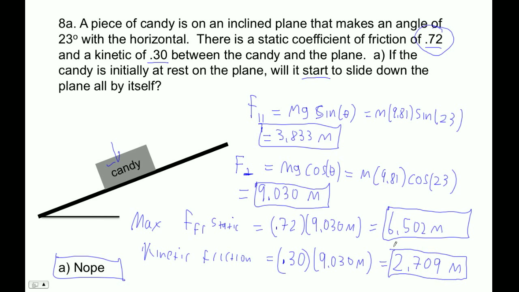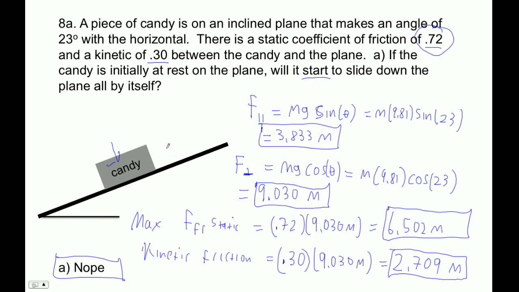Okay, I'm going to store that in D. Then I'm going to store the other one. I'm storing these things in memory locations because it's oh so handy to have them.